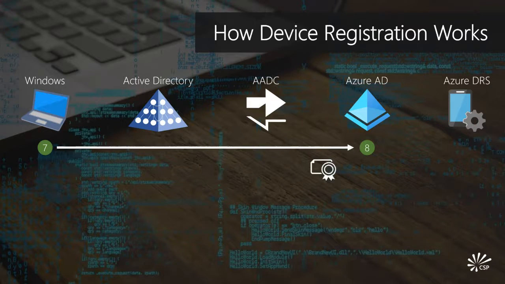Back on the Windows device, the join task is going to continue to run to check to see if that certificate value has been synchronized. The Azure AD Connect synchronization service typically runs every 30 minutes, so it might not be up there immediately. That's why this join task is going to repeatedly check. The task runs every time someone logs into Windows, but it also runs every hour after log on.